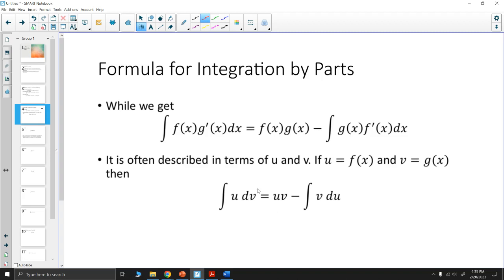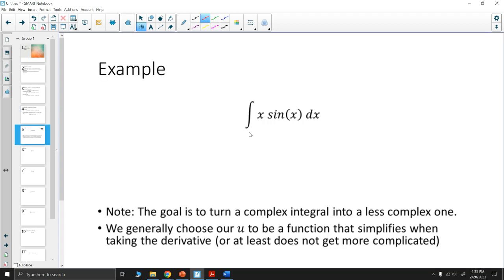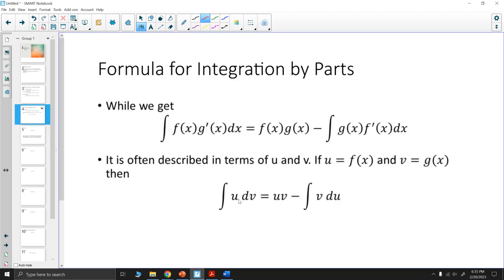Now, in general, we have to choose a u and we have to choose a dv. Sometimes one of those things is just a simple 1, but oftentimes it's a function of x. We will choose a u and a dv in our original function. We will derive u to get a du, and we will integrate dv to get a v.